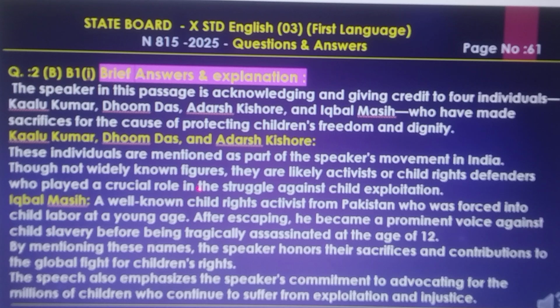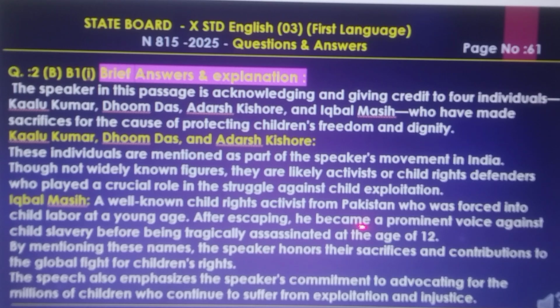Though not widely known figures, they are likely activists for children's rights, defenders who played a crucial role in the struggle against child exploitation. Iqbal Masih, a well-known child rights activist from Pakistan, was forced into child labor at a young age.